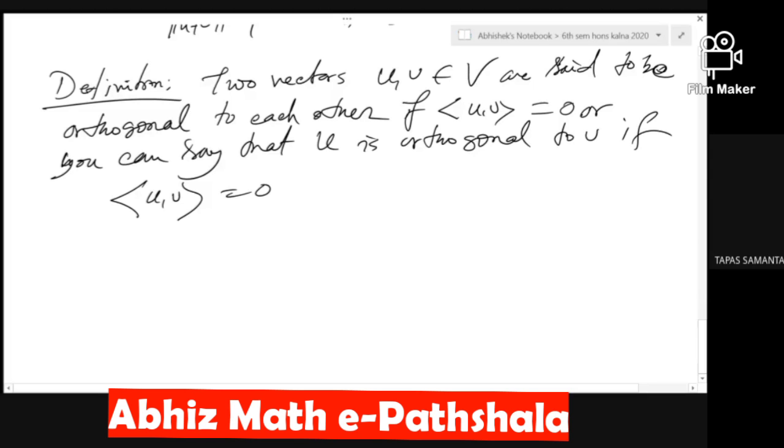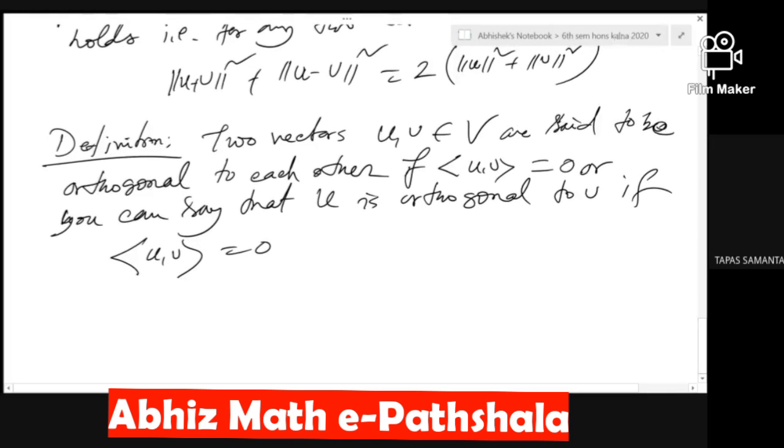Now, why did I write down "to each other"? Because if u comma v is 0, then v comma u will be the conjugate of u comma v, and this is 0. So that is why u and v are said to be orthogonal to each other if and only if their inner product is 0. So this is obvious.